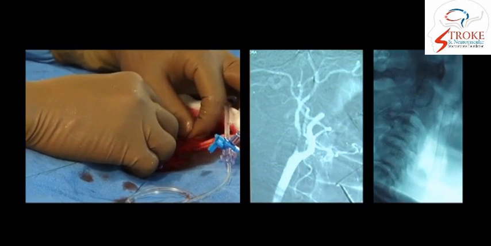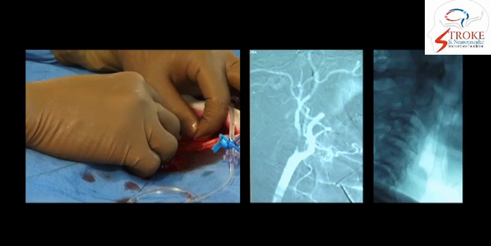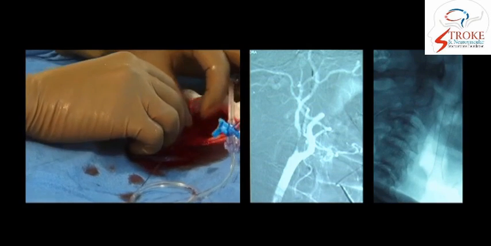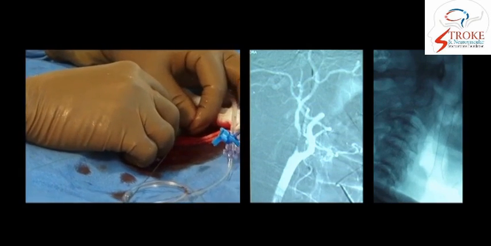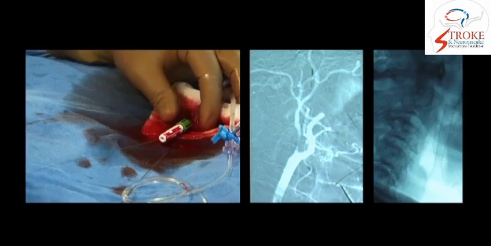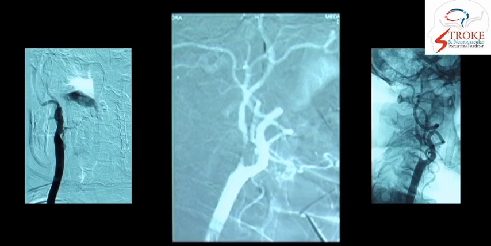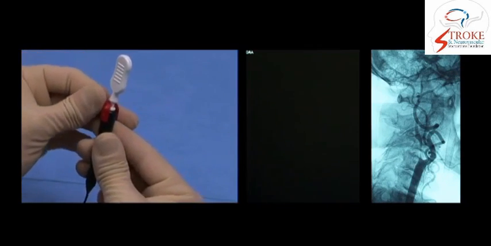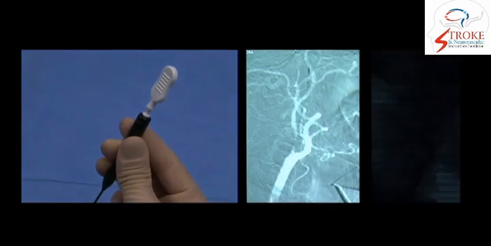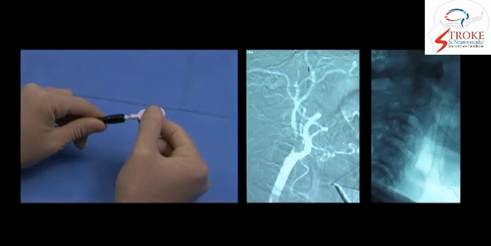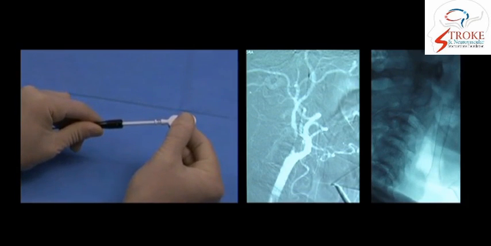This helps in preventing any spasm or injury to the parent vessel. After this, releasing the filter device is a simple step. The lock is being removed and pulling the white handle, the filter gets released.